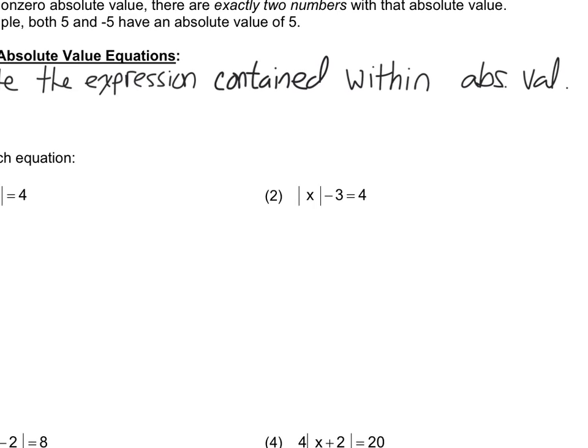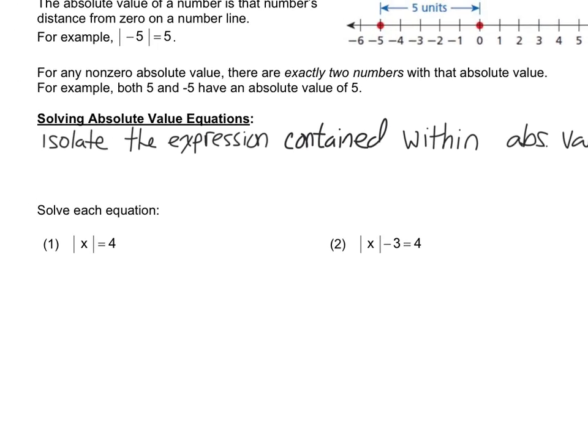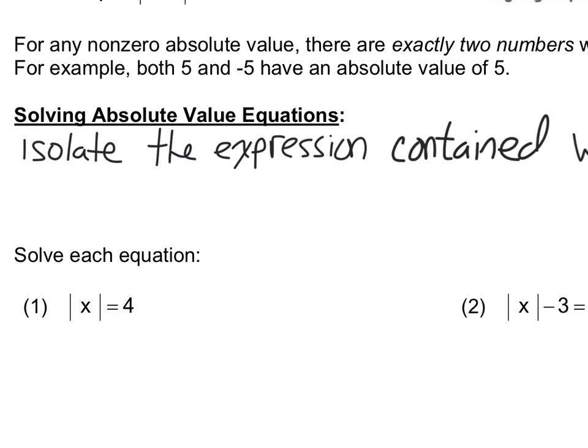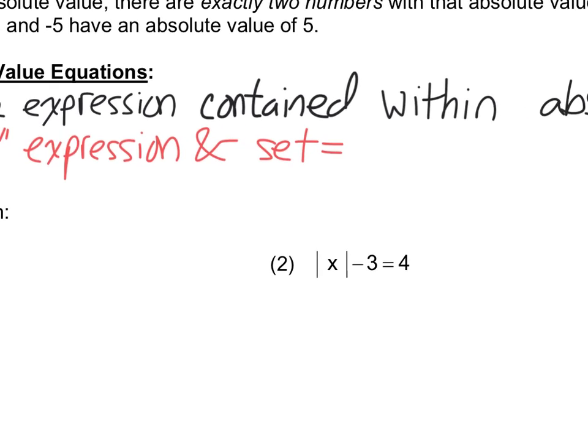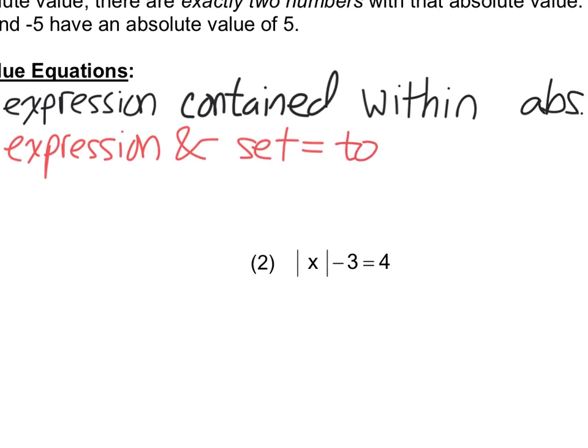All right, so number 1 is good to go for that first step. Number 2, we'd have to move that negative 3 over. I want the absolute value expression all by itself. All right. Then what we do is take the expression that is within the absolute value, and set it equal to plus or minus whatever is on the right-hand side.